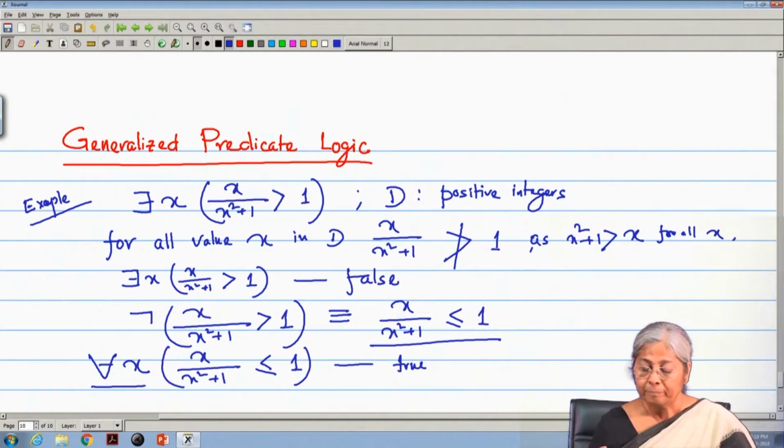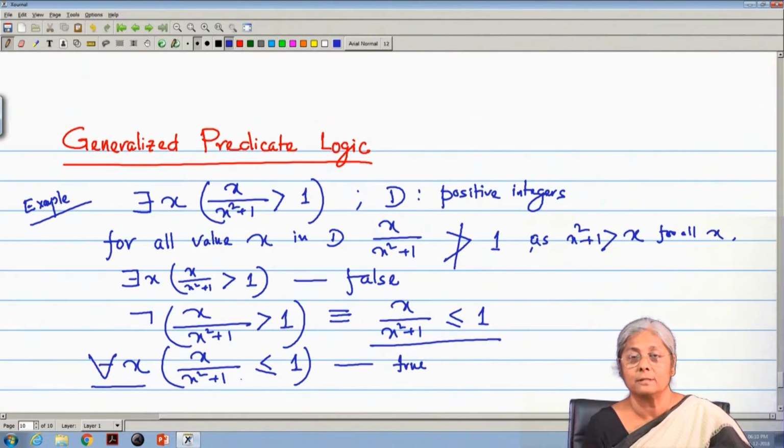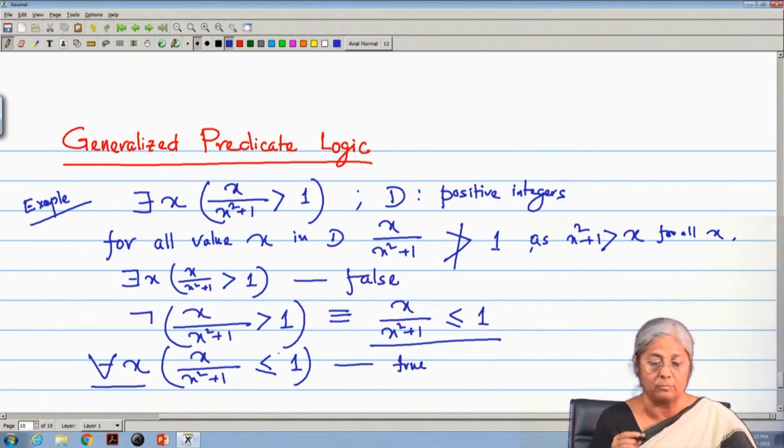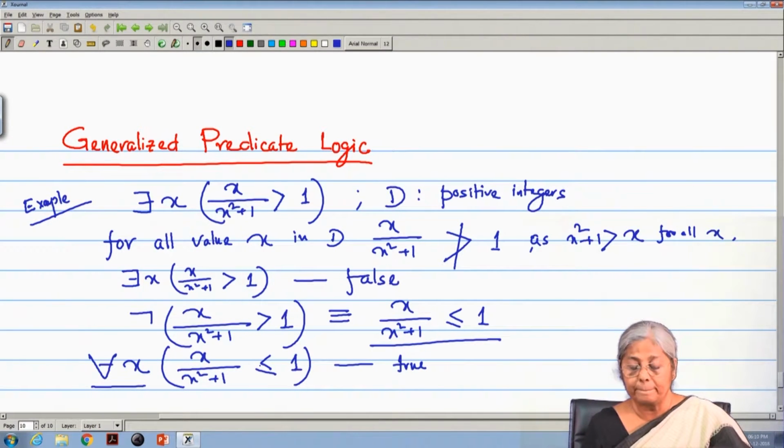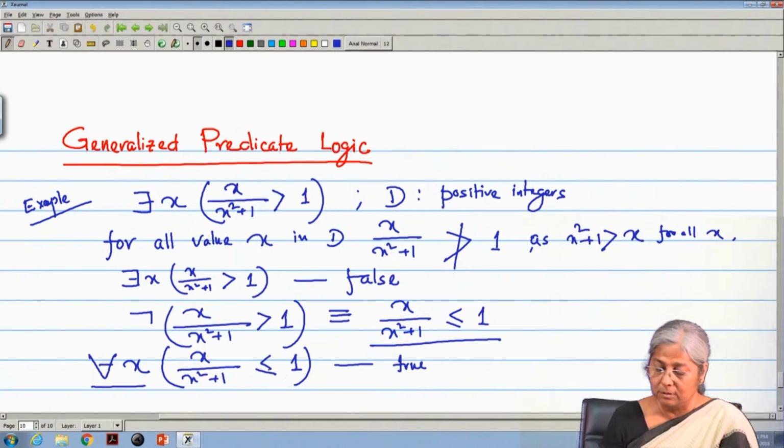Now, see that this is the value of the negation, and for any value of x in D, x by x square plus 1 is less than or equal to 1, actually it is less than 1. Only if we consider x equal to 0, then also it is less than 1.